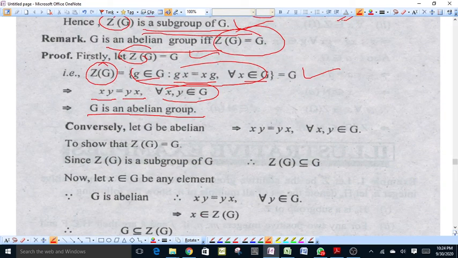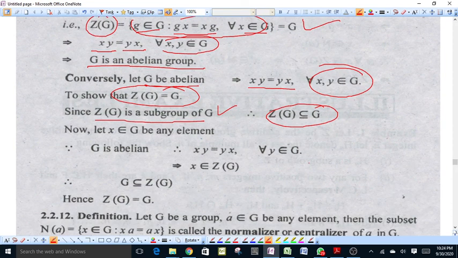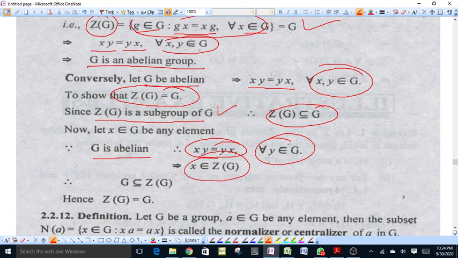Now we take G to be abelian, this means xy is equal to yx for all elements x, y of G. Then we have to show that Z(G) is equal to G. Because Z(G), the center of G, is a subgroup of G, this means the center of group G is a subset of G. Let me take an element x belongs to G. Because G is an abelian group, therefore xy is equal to yx for all y elements of G. That implies x belongs to Z(G) also, that is x belongs to the center of group G. This means G is a subset of Z(G).